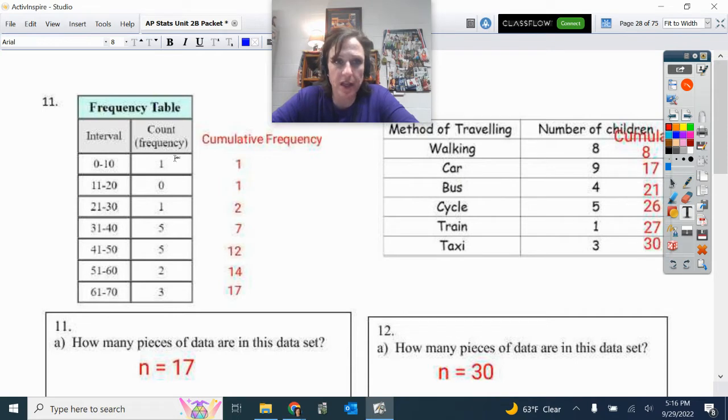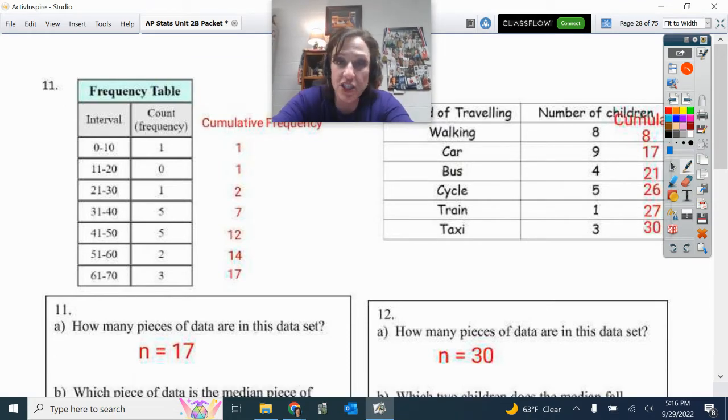Here you have a frequency chart instead of a histogram. So I thought, okay, I'm going to accumulate this information. By the time I had this interval, I have one piece of data so far. There was nothing in this bar here, so there was no additional data from 11 to 20.